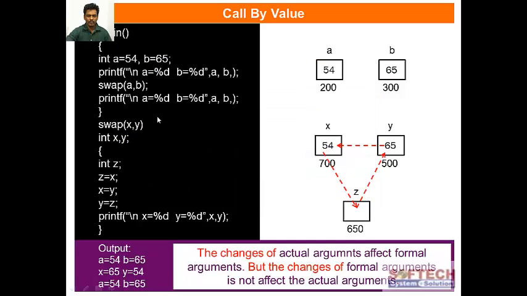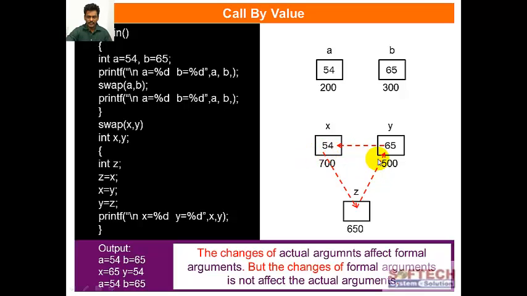The a and b values are transferred to x and y. The x and y values are not transferred to a and b. So the changes of the actual arguments, if we change the values of the actual arguments, affect the values of the x and y formal arguments.